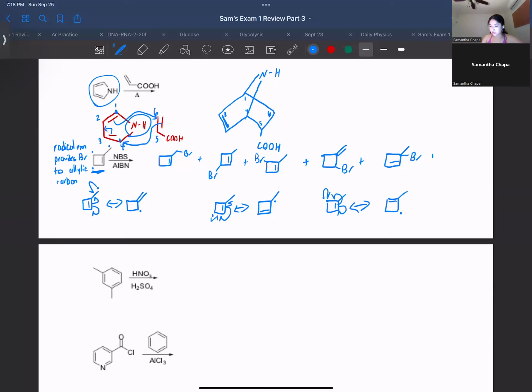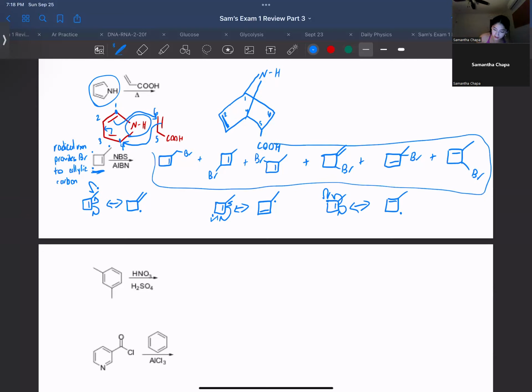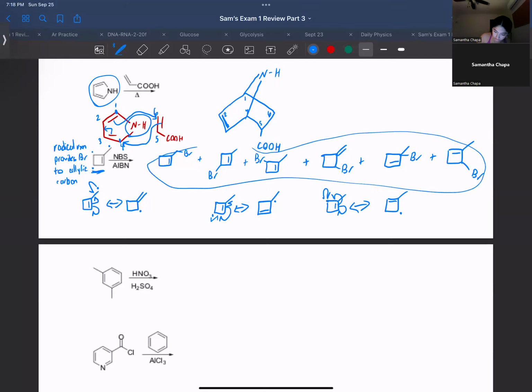Okay, that's my new resonance structure. I'll put the bromine in place of the radical. So these should be all our products for this reaction so far. Circle them. There we go.